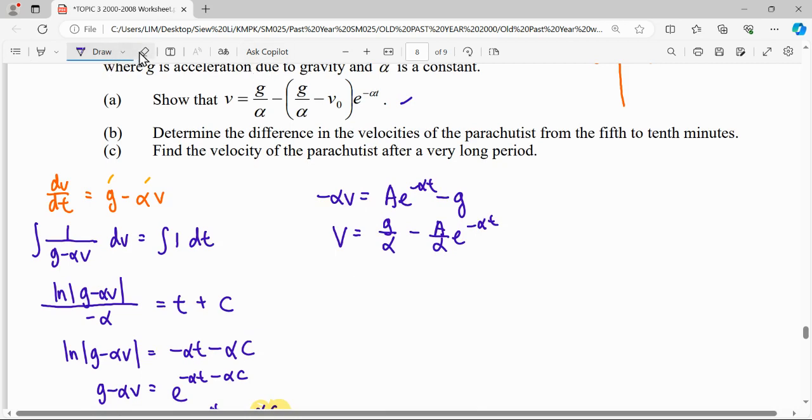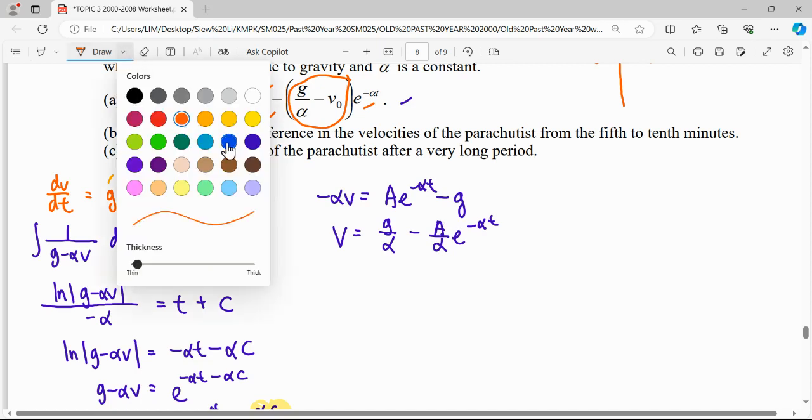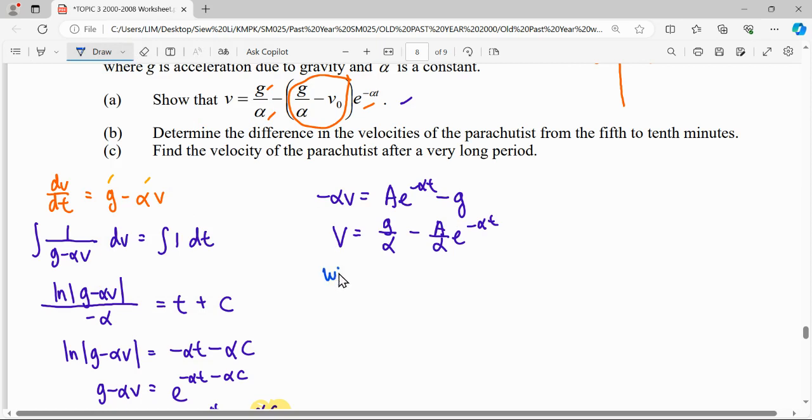So we have the term of g over alpha, and e to the power of negative alpha t we already have. The next procedure is to find the constant a with the initial value. The initial value we have is when t equals 0, velocity will be v naught.